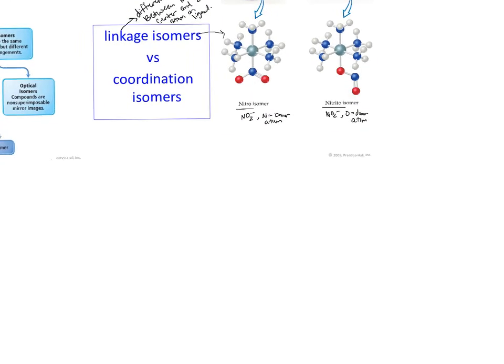So another example of a linkage isomer. If I give you the chemical formula Na2PtSCNBr3. In this example, I know I can have a possible linkage isomer because I recognize the ligand SCN-.